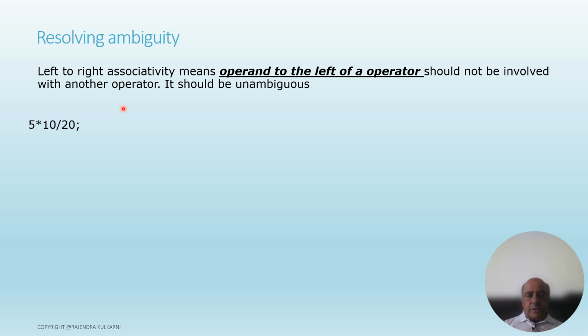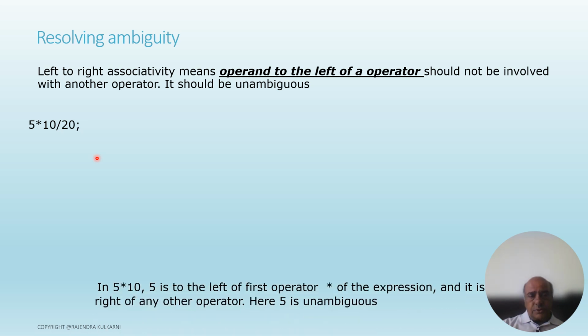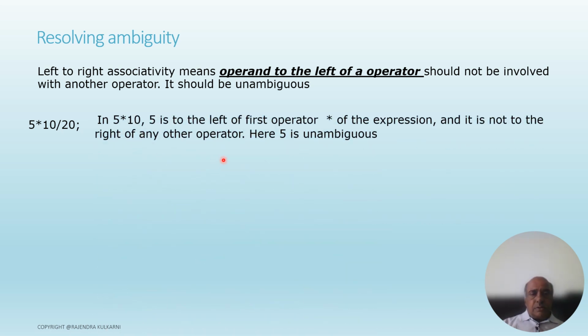Now take this example. This will explain it in a better way. In this example, the expression is 5 into 10 divided by 20. Now what will execute first, 5 into 10 or 10 divided by 20? Which operator will execute first? In this expression, the operand to the left of the operator is 5.